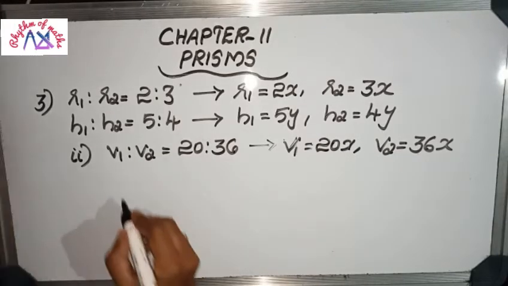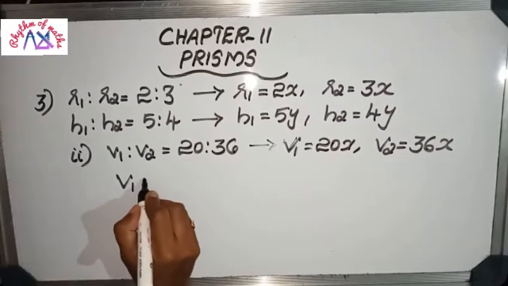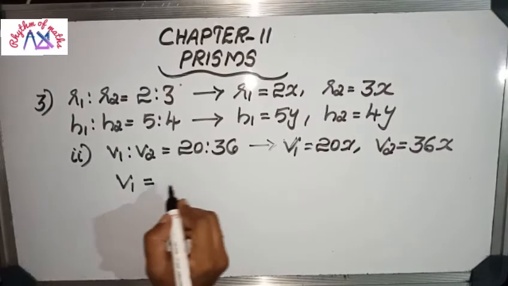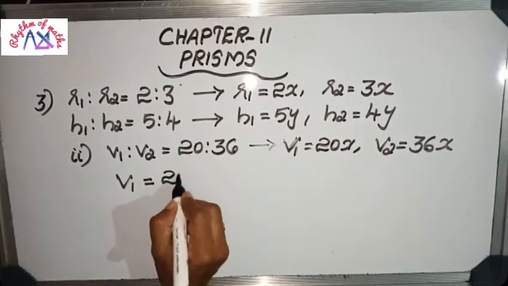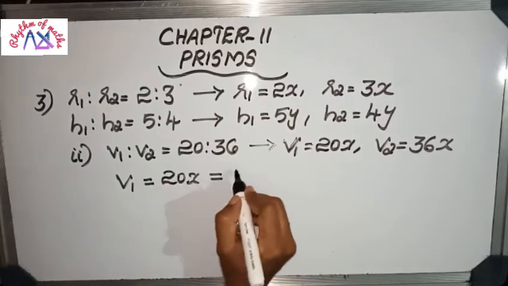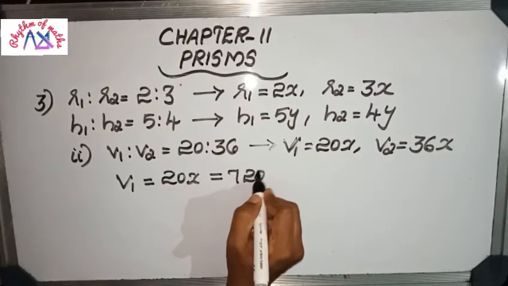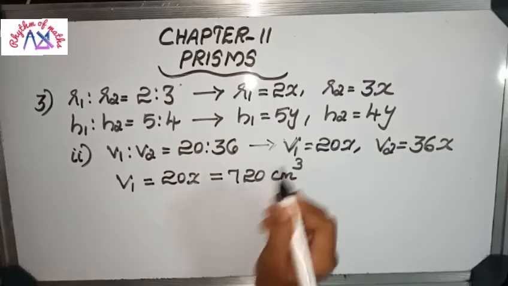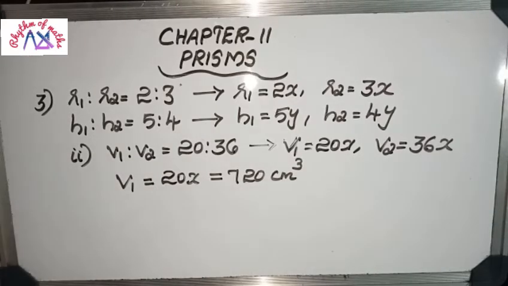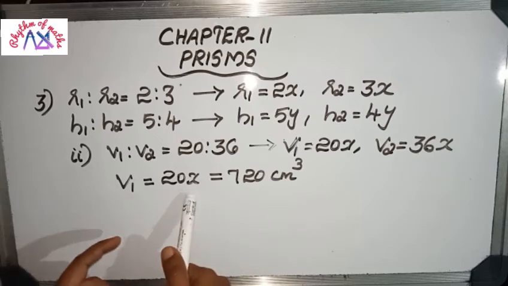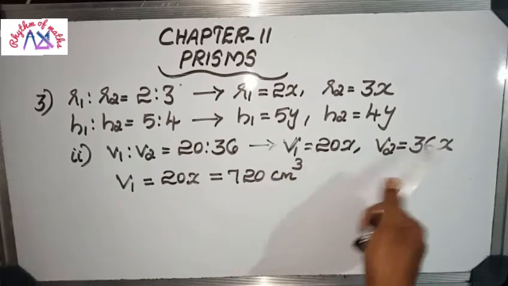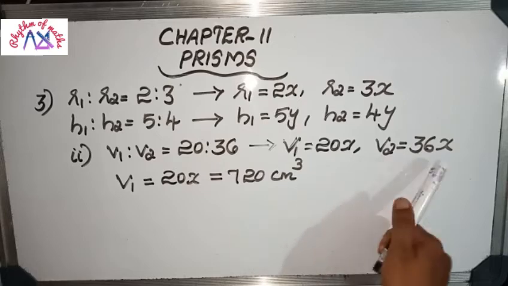Now in the question V1 is given, first cylinder volume is given 720. So V1 is 20x. That answer already given, that is 720 centimeter cube. Okay, first cylinder volume is already given. Now from this we can find the value of this x, because for both the answers x is a common number.